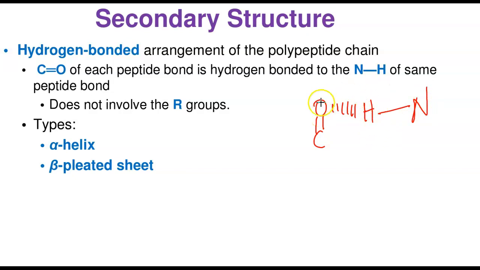And this hydrogen bond is strong enough to maintain a steady structure that are of two types, the alpha helix and the beta-pleated sheet. Now remember, it's important to say this, that the secondary structure does not involve the R groups yet. It still happens only in the polypeptide chain, and this can give rise to two types of structures.